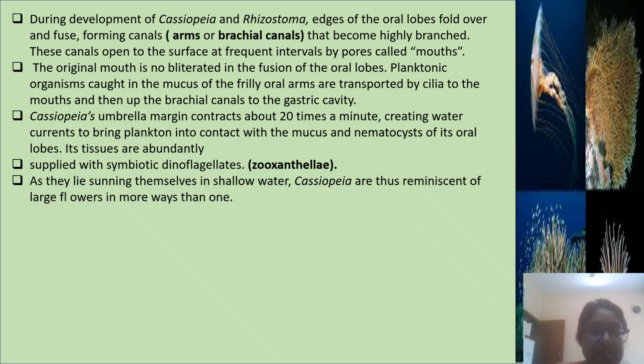As they lie sunning themselves in shallow water, Cassiopeia are thus reminiscent of large flowers in more ways than one. This is the food ingestion mechanism of the Scyphozoa. It is a very important question for B.Sc Zoology Honours in the first semester finals.